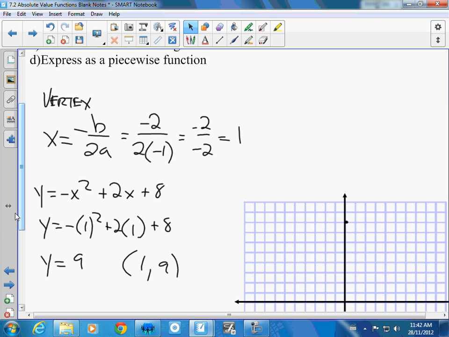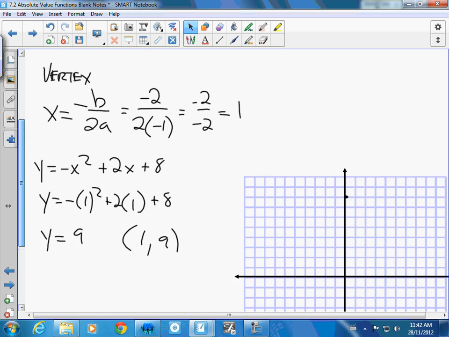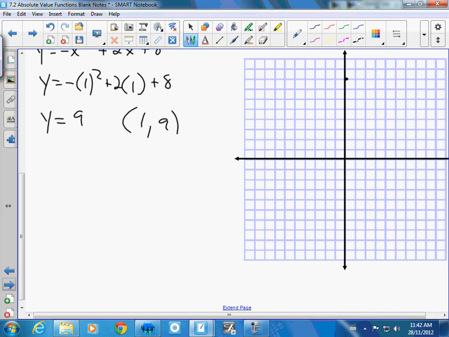Okay, let's complete the square. Guys, that's the vertex. That's one way of finding it, right? Let's complete the square because that's useful too. So here's the original: y equals negative x squared plus 2x plus 8. What's the first thing you do if you're going to complete the square?